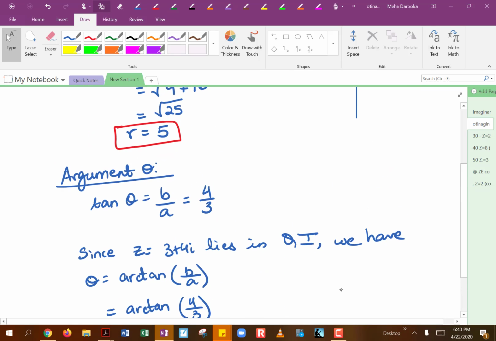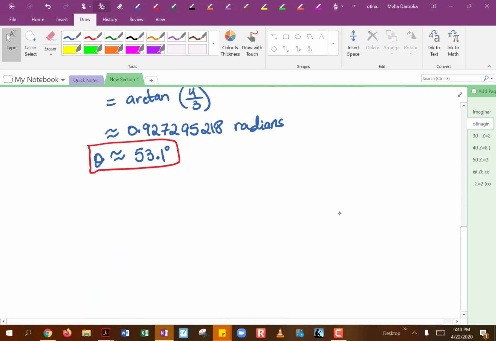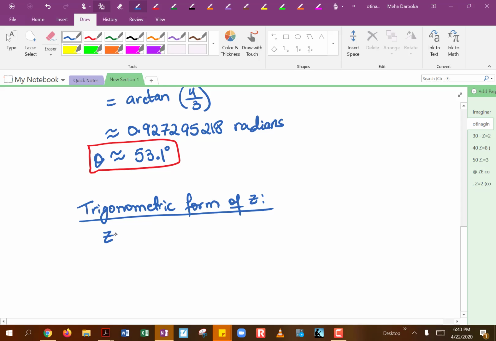Alrighty, so we've got the r value, we've got the theta, so we're ready to convert this into the trigonometric form. So the trigonometric form of z, again your formula is r times cosine theta plus i sine theta.